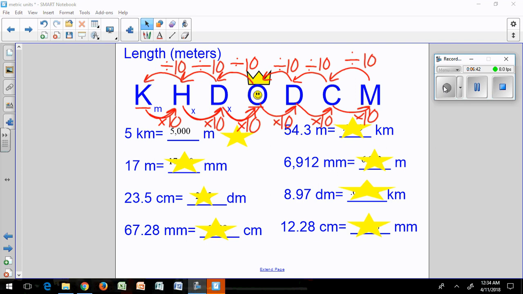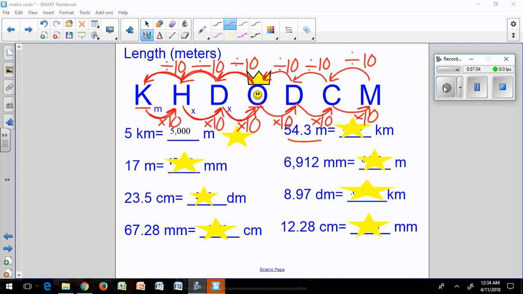Okay? And what about over here with my 54 3/10 meters that I want in kilometers? I would have to divide by that same amount. 1, 2, 3 tens, or 10 to the third, or 1,000. I have to divide.